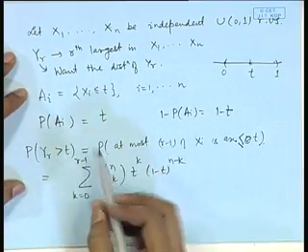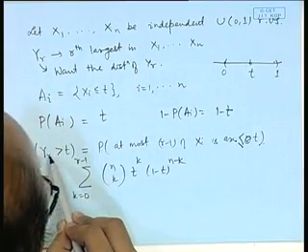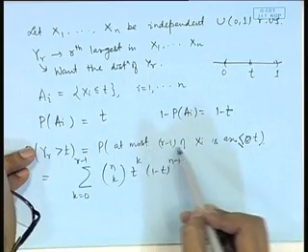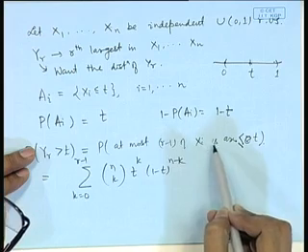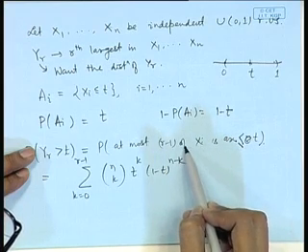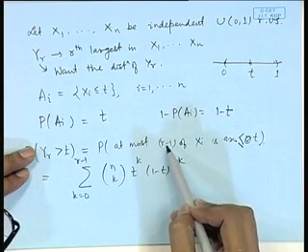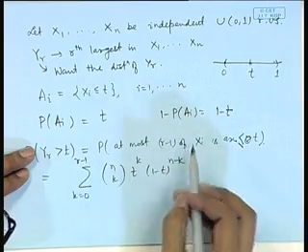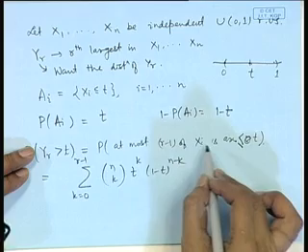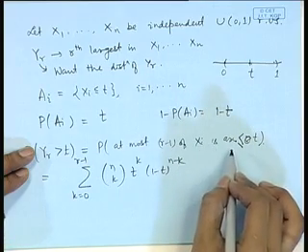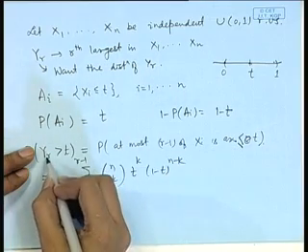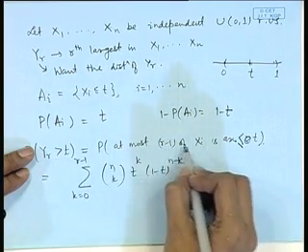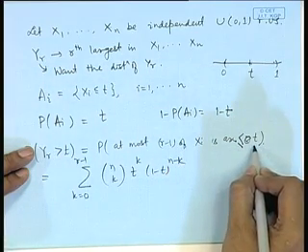So let us analyze this. What I am saying is that if the rth largest is bigger than t, then at most r minus 1 of the xi's will be less than or equal to t, because if r of them are less than or equal to t, then naturally the rth largest will also become less than or equal to t. So if we are saying the rth largest is greater than t, then at most r minus 1 of the xi's will be less than or equal to t.